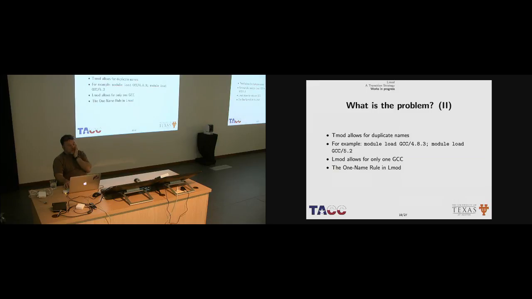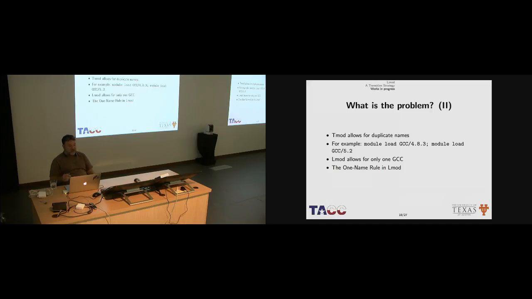The difference between Lmod and Tmod is that Tmod allows for duplicate names. As long as you don't have a conflict in your GCC module, you can have as many GCCs loaded as you want. It doesn't care. So you can load both of these. But Lmod only allows for one version of GCC.